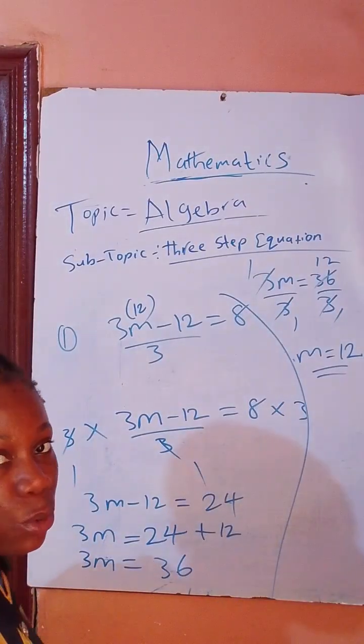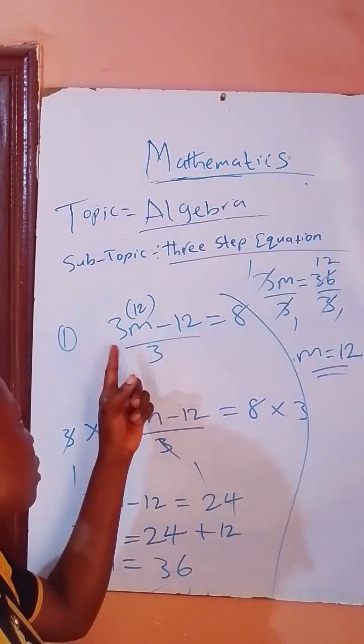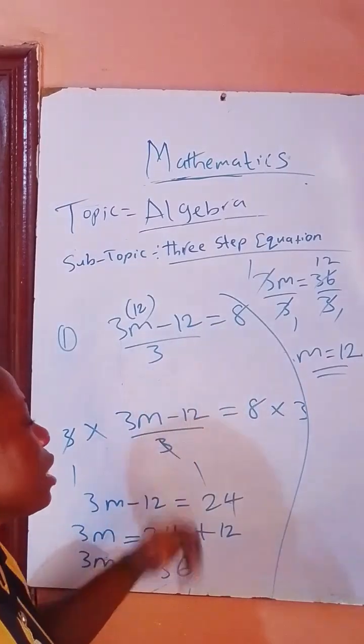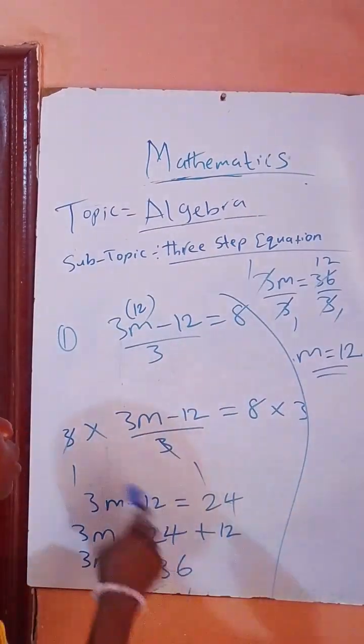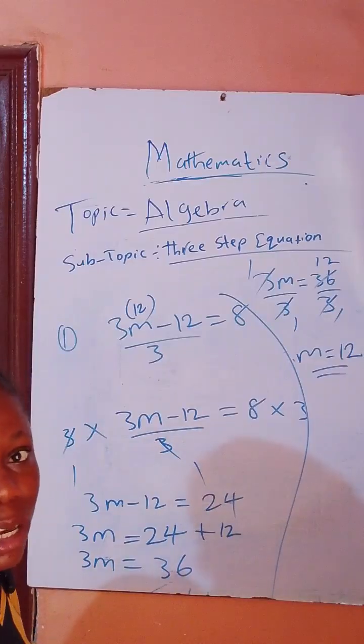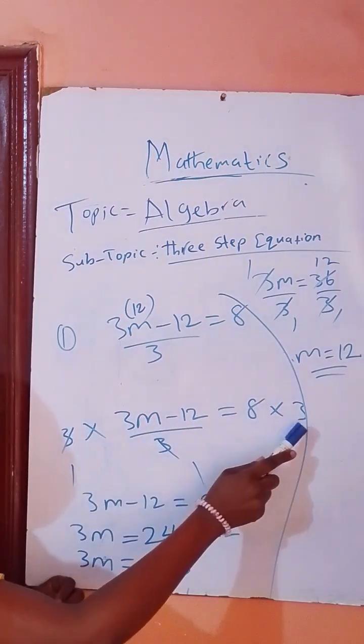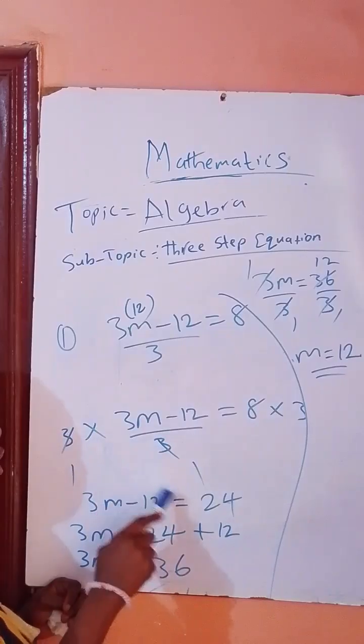Let's go again. They gave us 3m minus 12 over 3 equals 8. The next thing we are going to do is to multiply both sides by 3. We have 3 and I've added 3 here. These 3s cancel.